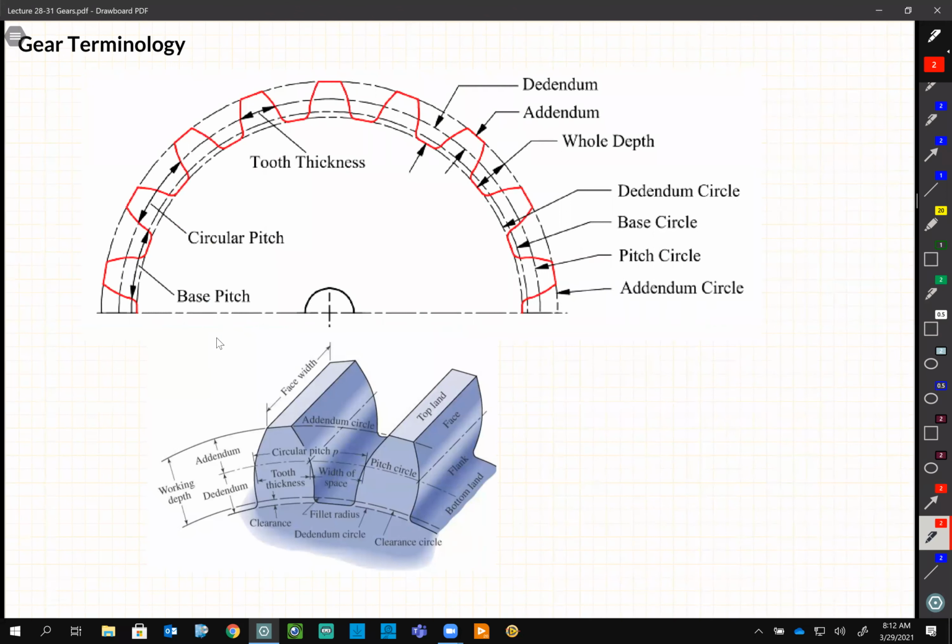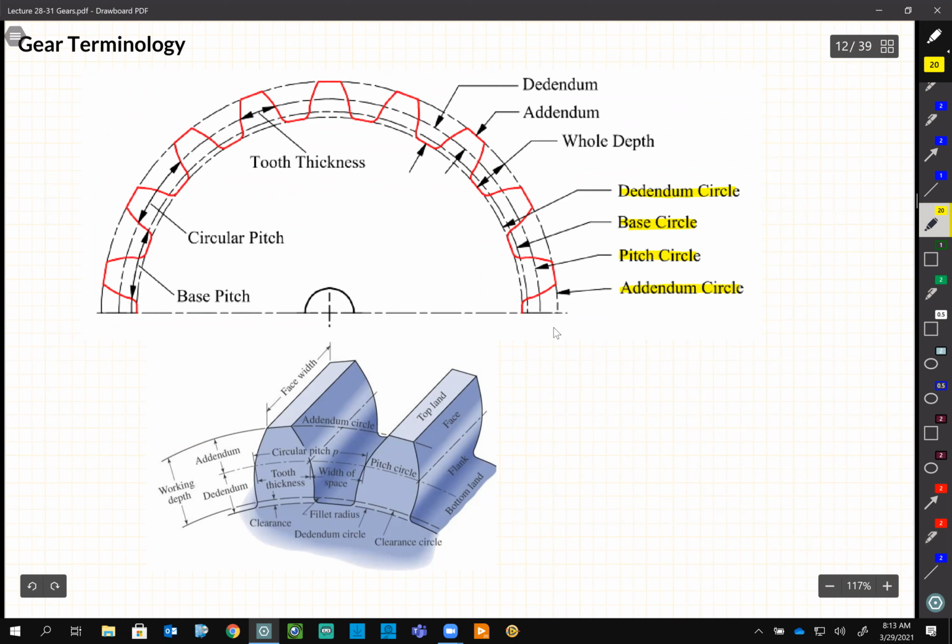And now some terminologies that we need when we discuss gears, and you should remember them. So if somebody talks about gears, you know what they're talking about, and it's super easy. So now you know what is the pitch circle and what is the base circle. The outer edge circle is called the addendum circle, and the inner edge circle is called the dedendum circle.